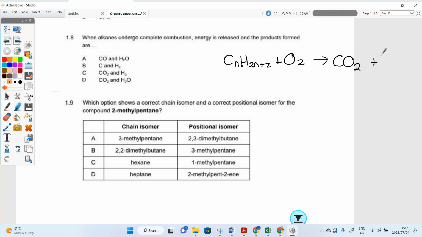CO2 and H2O. If you see the word complete combustion, then your product is going to be CO2. If it's only partial combustion, so not complete, then it's CO. Complete combustion is always CO2.